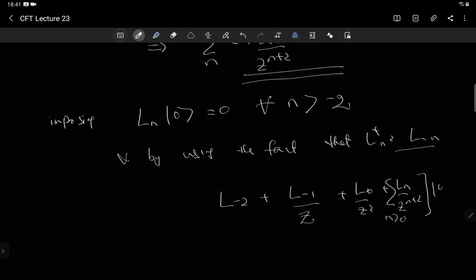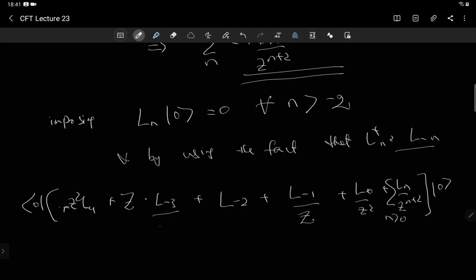This whole thing acting on 0 from here. And similarly you have from the other side L minus 3 times z, plus z square L minus 4 and so on. So you have this whole thing.